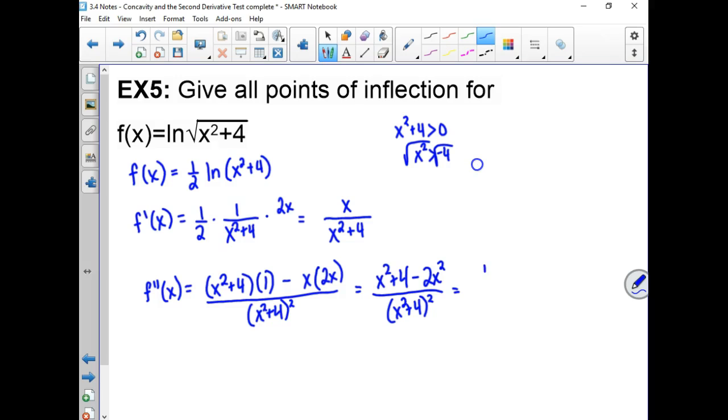And that simplifies to 4 minus x squared over x squared plus 4 squared. I may would go ahead and go one more step here and make this 2 plus x, 2 minus x. It will make your chart easier to make at least. Are we okay here?